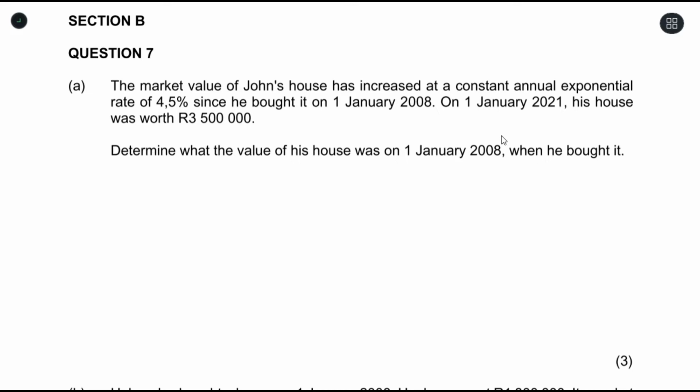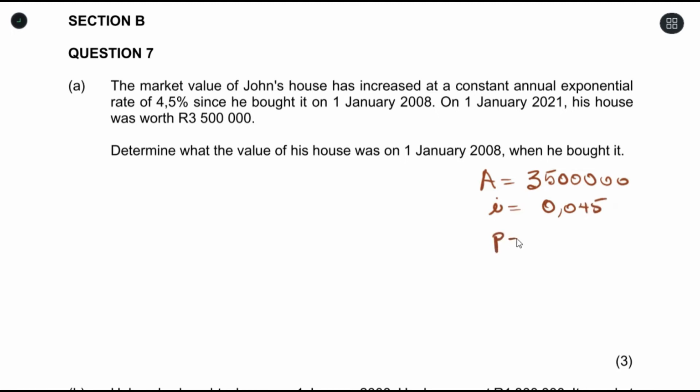Now, this is a compound interest question. We have the accumulated amount, because this is the amount the house was worth after a period of time. So 3.5 million is the accumulated amount. We have an interest rate of 4.5%, which can be written as 0.045.